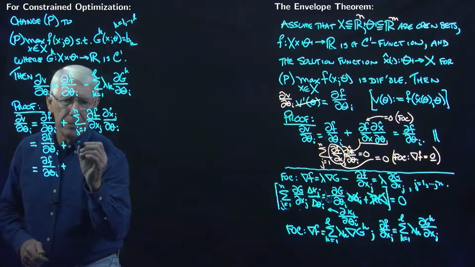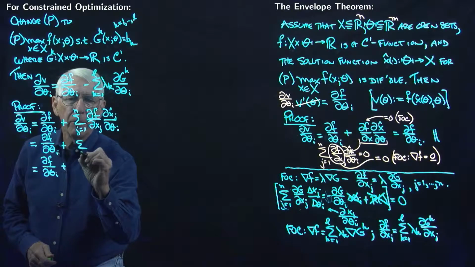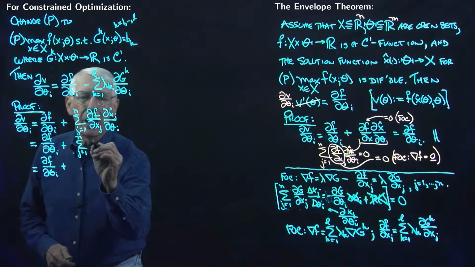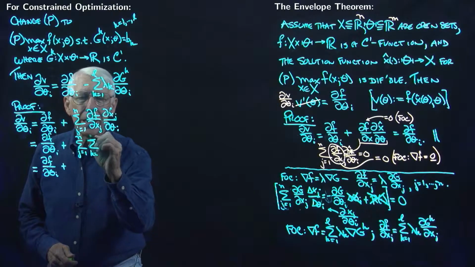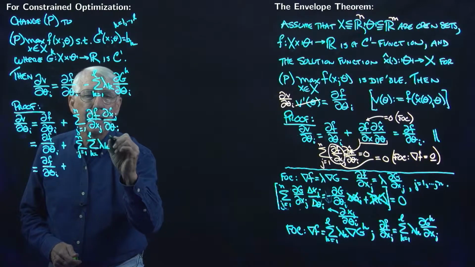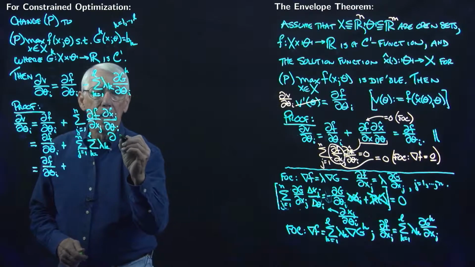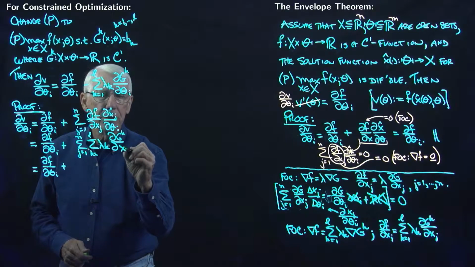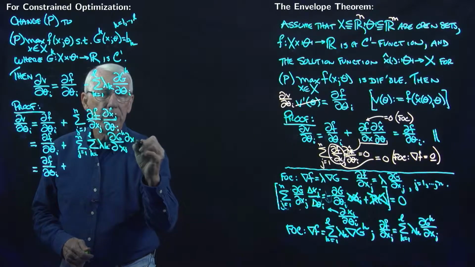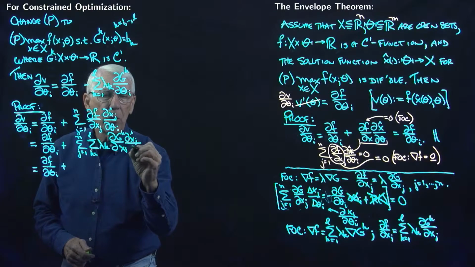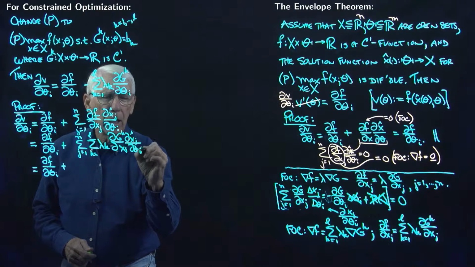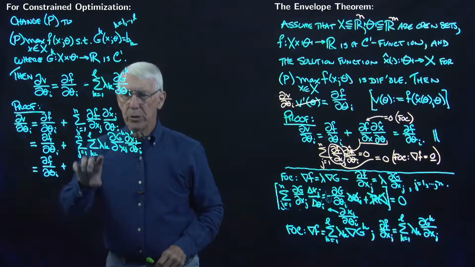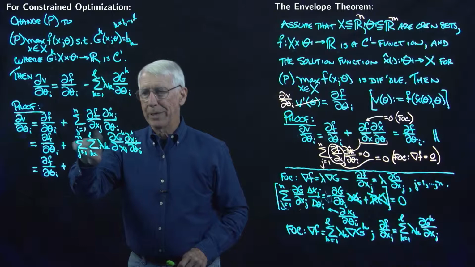So that's going to be the sum j equals 1 to n. And now we're going to have the sum k equals 1 to L lambda k partial of gk with respect to xj, partial xj hat, let's say, with respect to theta I. And now I'm going to, in effect, do what I did before when I took the lambda out in front.